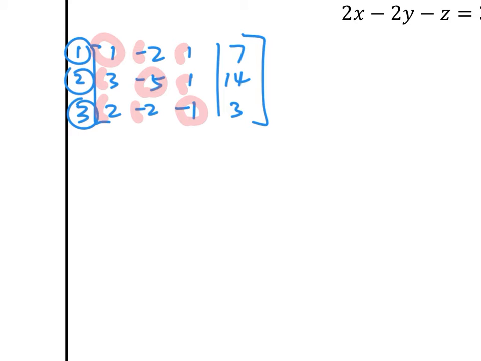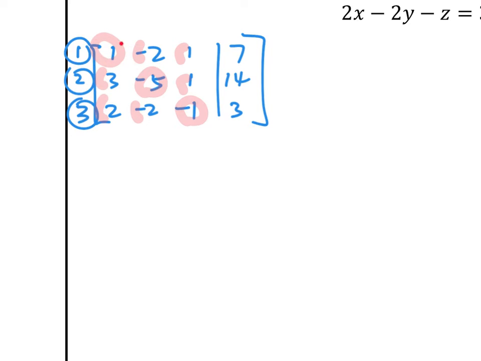So how do I do that? Well, I'm going to add whatever I want to get that to be a 0. For example, this 3 needs to be a 0. In order for this to be a 0, I cannot multiply this whole row by 0 because that will eliminate the whole row. So what I'm going to do is use this row, because this has already become a 1.